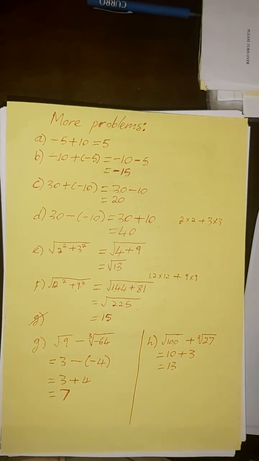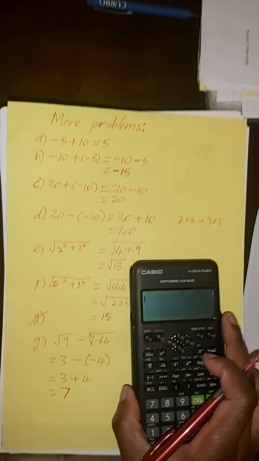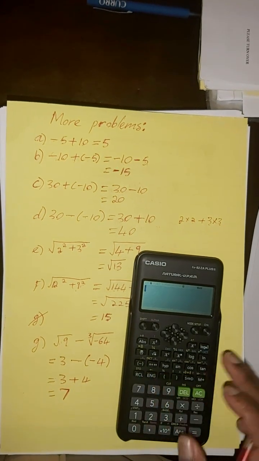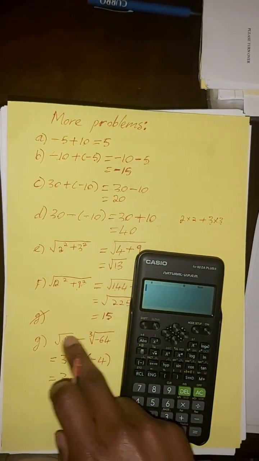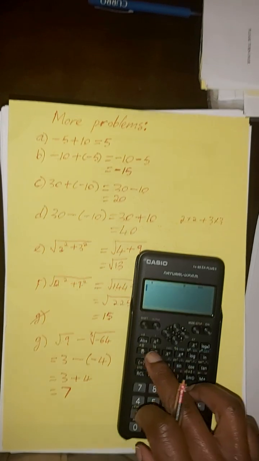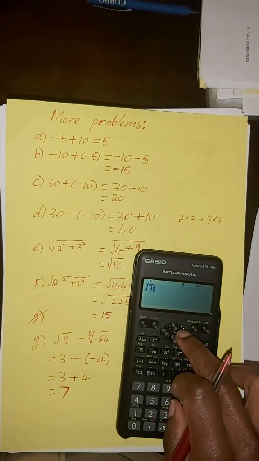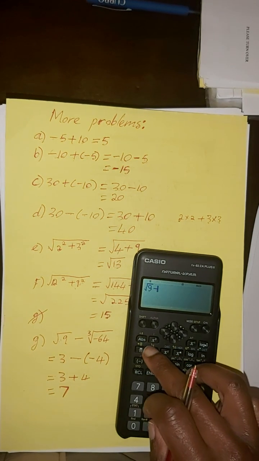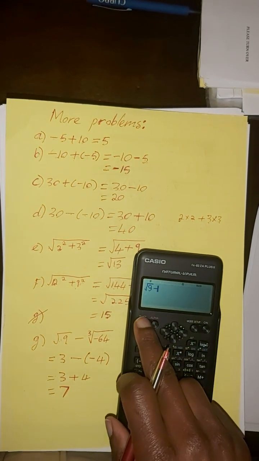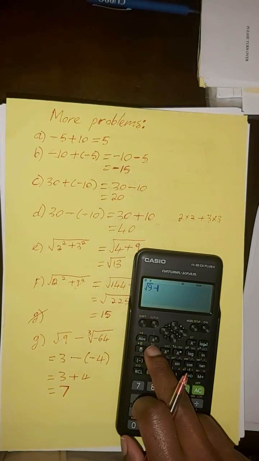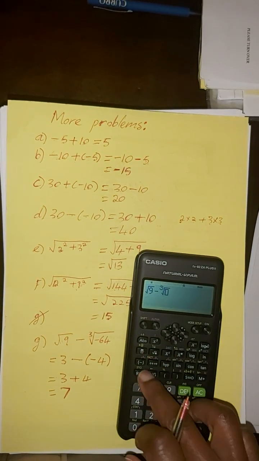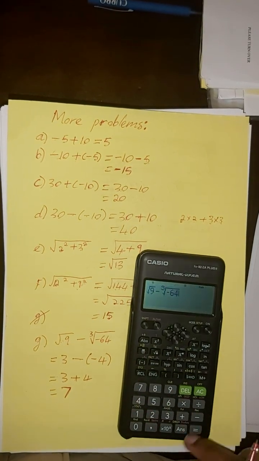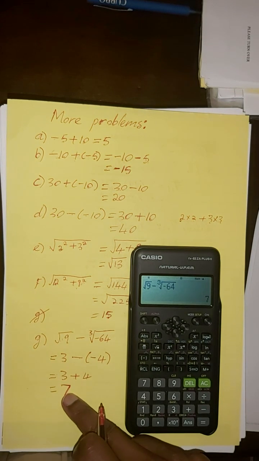Okay, you can work without a calculator and then just verify using a calculator to be sure that your answers are correct. Let's check out this one first. Square root of 9 minus a cube root: go to shift, then you go to square root to get your cube root. Cube root of negative 64, and our answer is a 7.